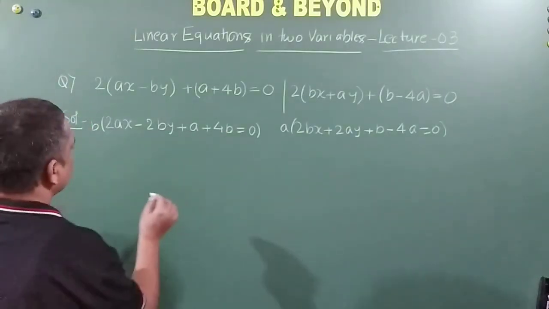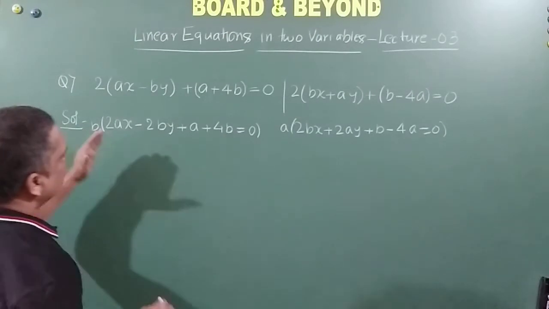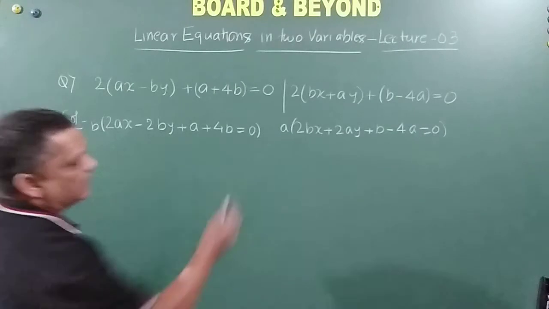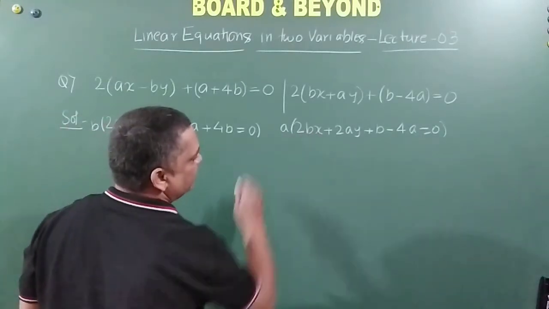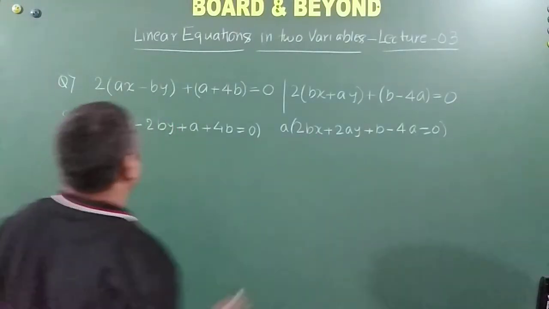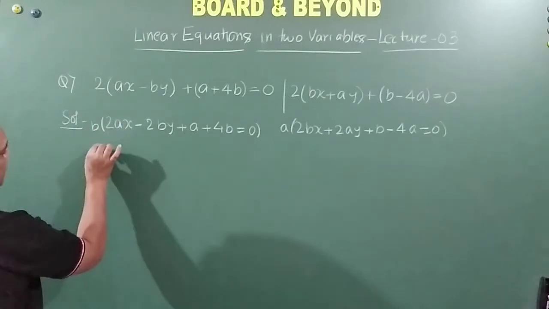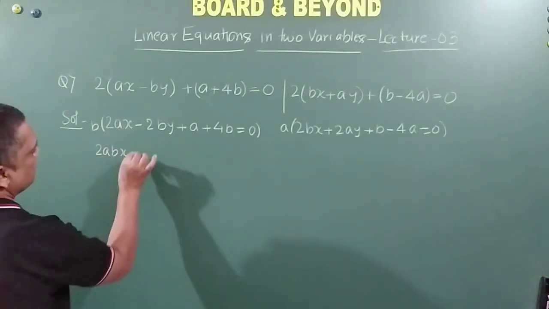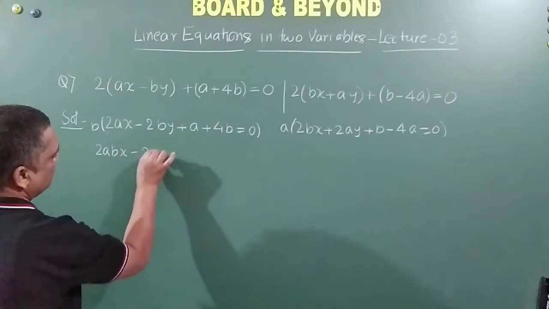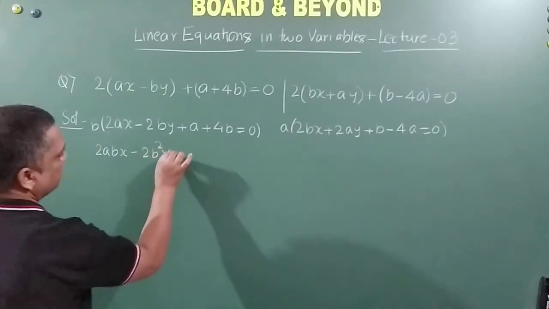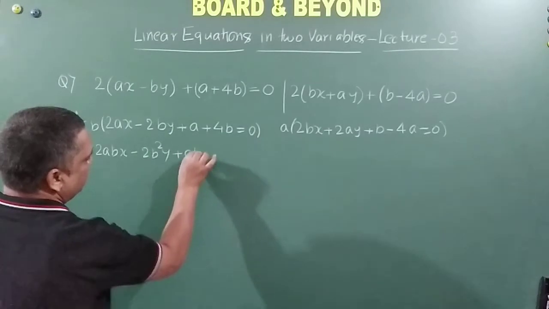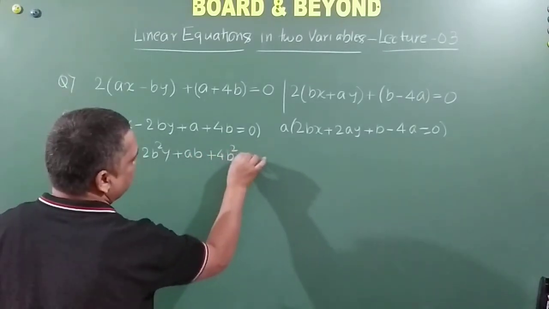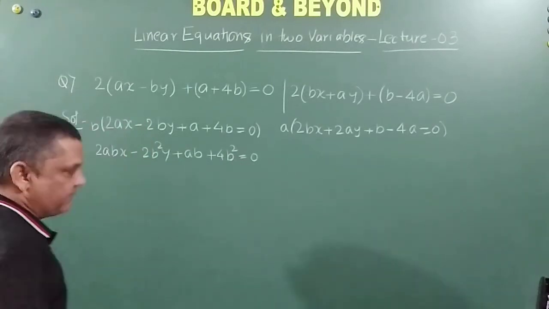When I multiply this with b, this term will become 2abx, and here this also becomes 2abx, so that I will be able to cancel it out. So after multiplication, let us write this: 2abx minus 2b square y plus ab plus 4b square is equal to 0, right friends?